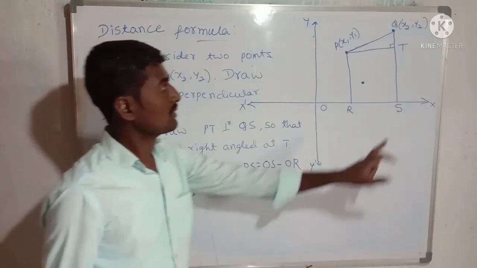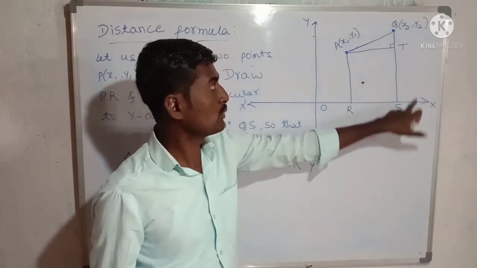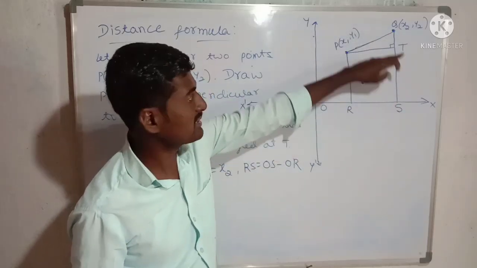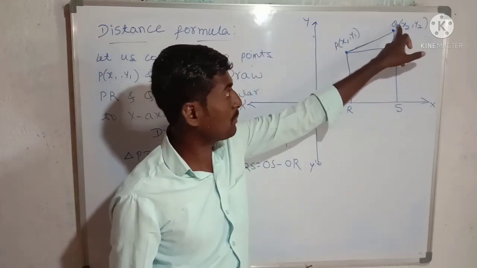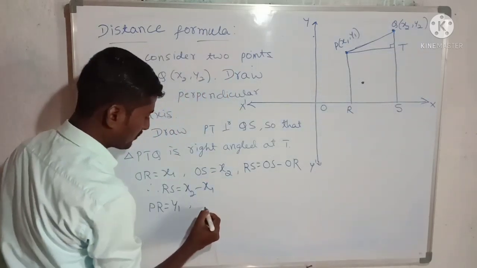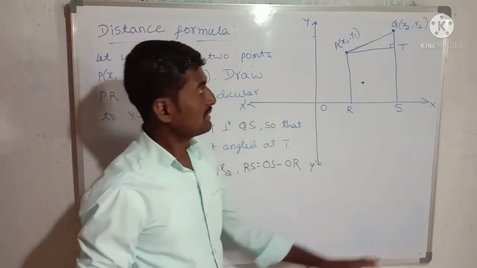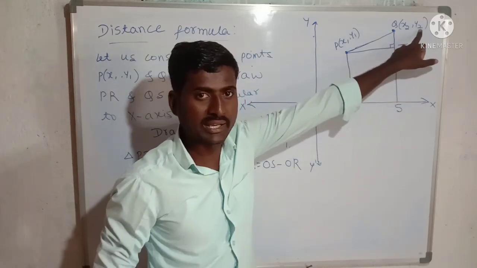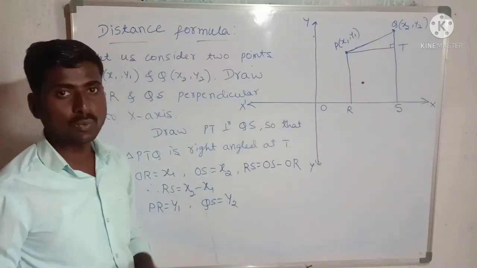Then one more, SQ. SQ is nothing but the distance of the point Q from the x-axis. That is again the y-coordinate. The y-coordinate of the point Q is y2. Therefore, QS is equal to y2.